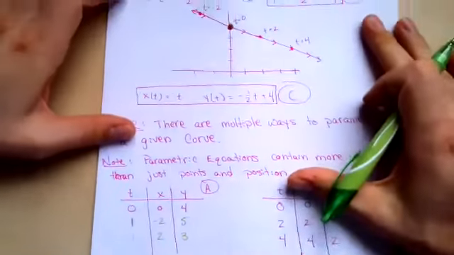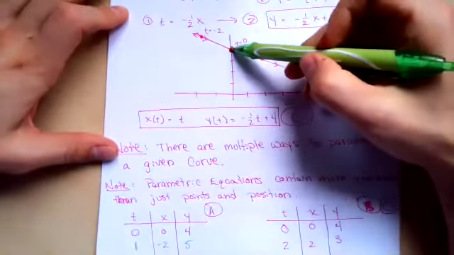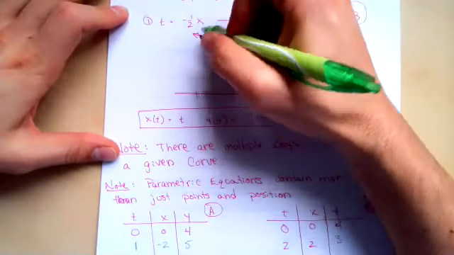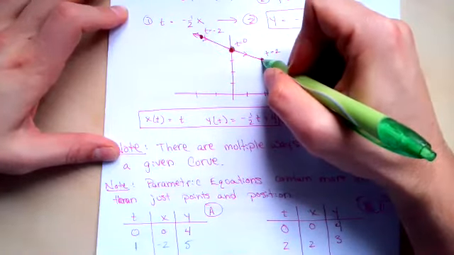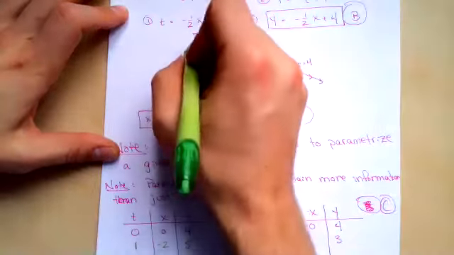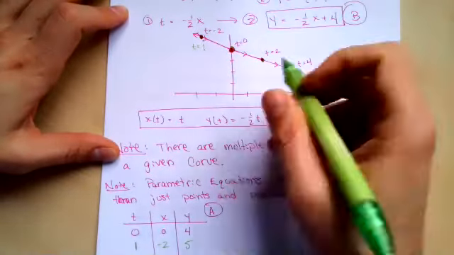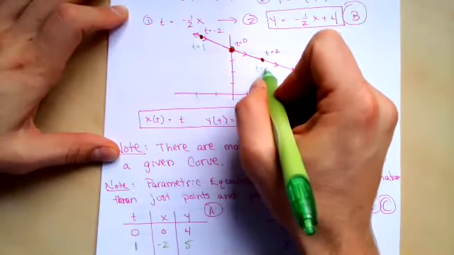So let's plot those. Well, we actually already have those points. We have the point -2, 5, and we have the point 2, 3. But what time values did those correspond to? This was t equals 1. This was t equals -1.